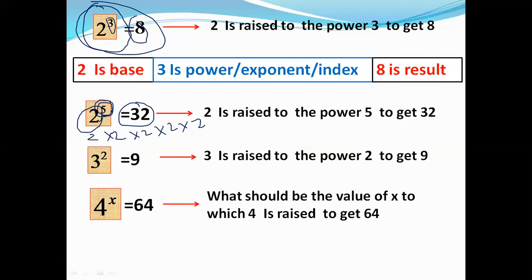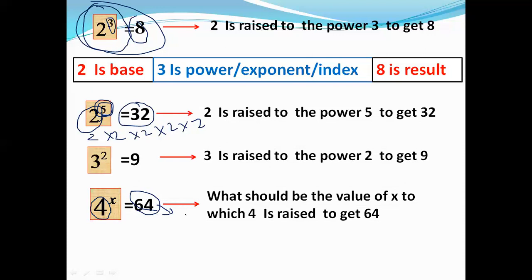Here how many times we multiply 4 by itself to get 64? So for this, first we write 64 as some power of 4.